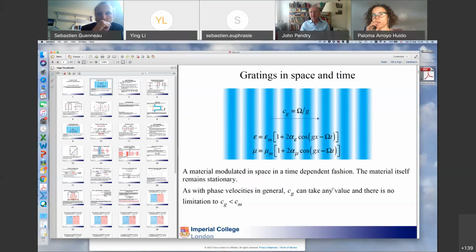The light which it emits in the direction opposite to the grating will just propagate as normal, hardly affected by the grating, but in the forward direction, the grating will grab the light.